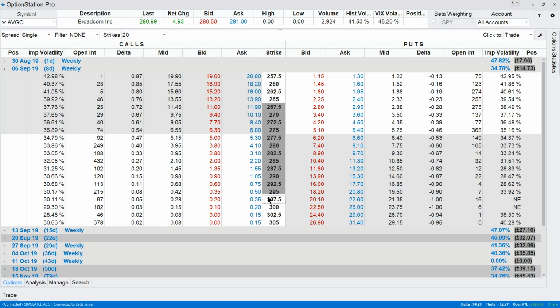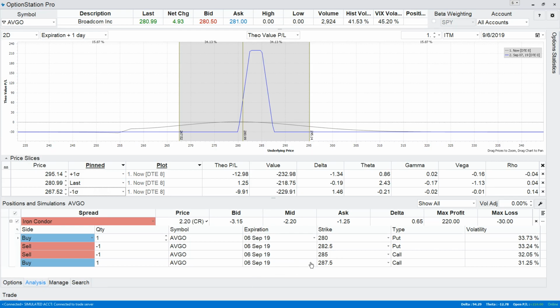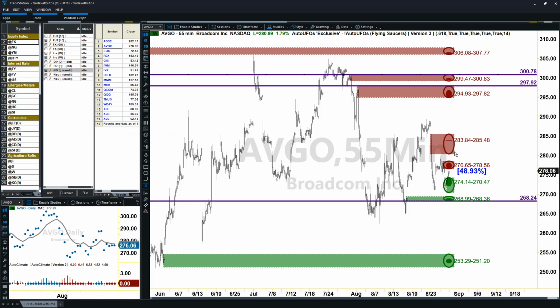So I'm just going to get ready to be quick because we may have to run a little bit. Especially because when this market opens, it's going to open inside the UFO. So what may happen is that we have this gap up and from there it starts falling like a rock very quickly. If we get filled at this price, that's going to be a very nice price for the Iron Condor.